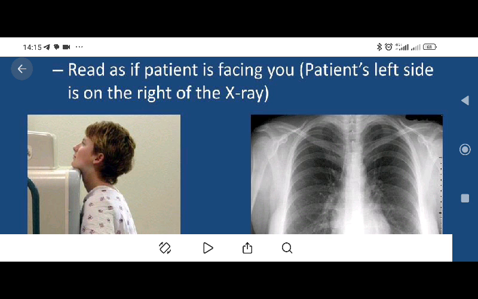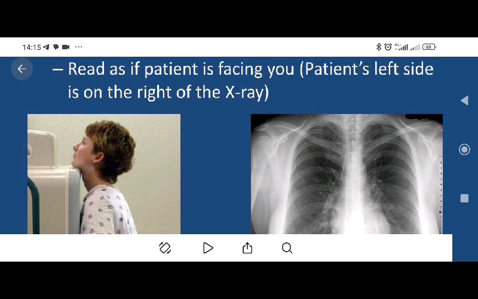Whatever your right hand is facing is where the patient's left is, automatically. I remember when I was doing my sideways, I saw about 4 dextrocardias. You see them walking normally, living life. All those things are normal. So don't judge whether it's left or right based on where the heart is.